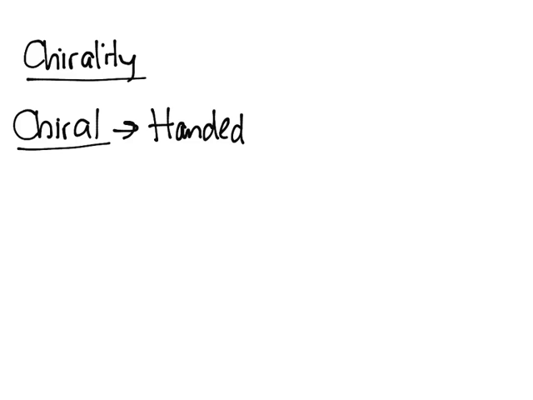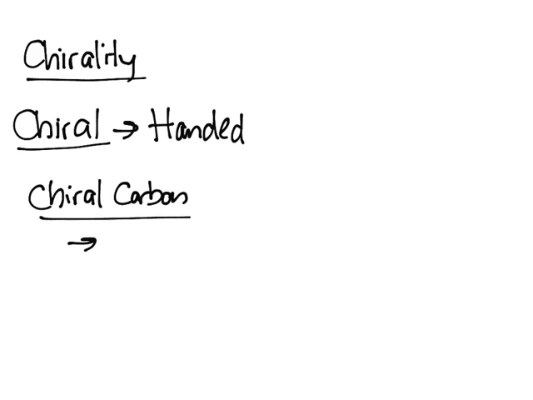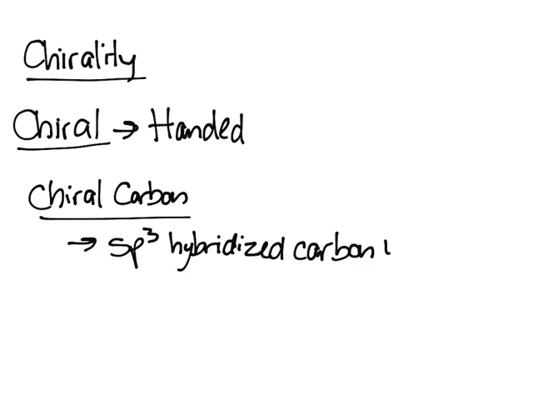So a chiral carbon has to have, a chiral carbon is an sp3 hybridized carbon with 4 substituents.